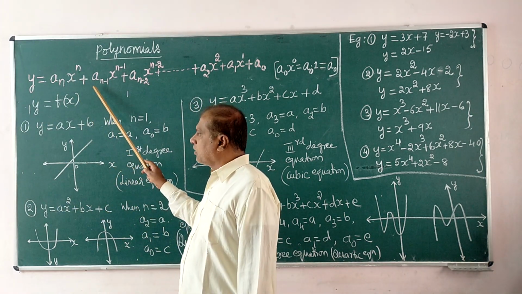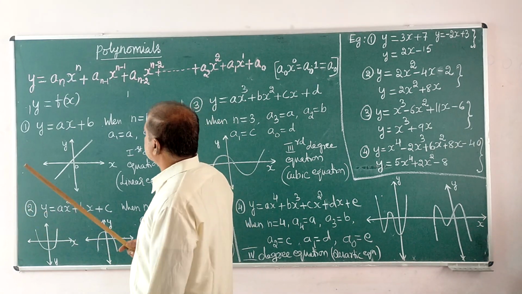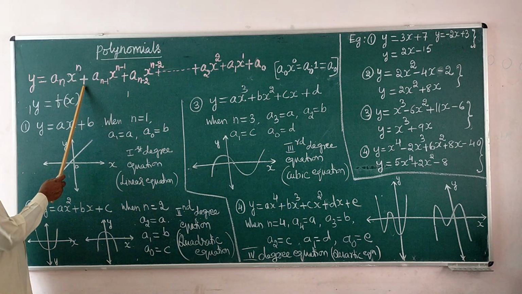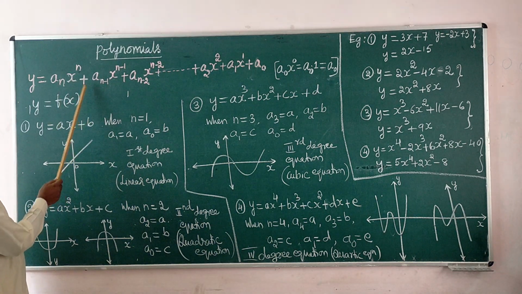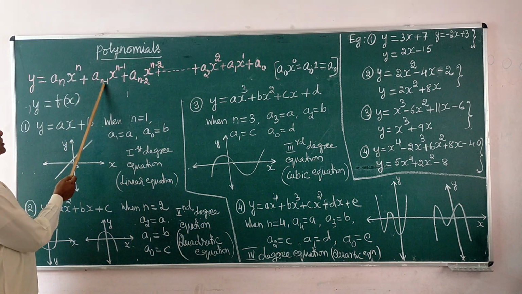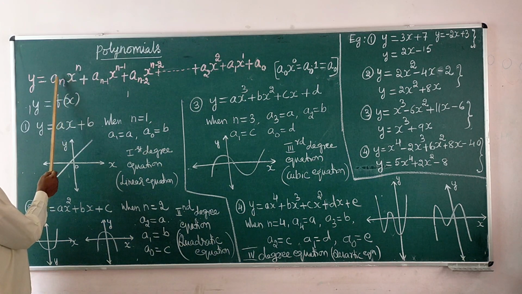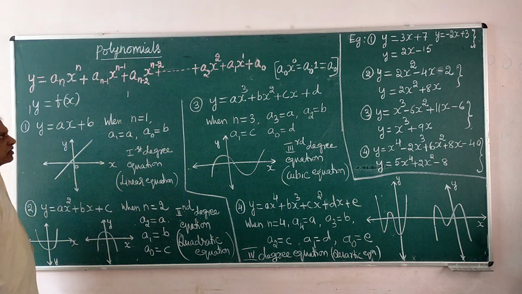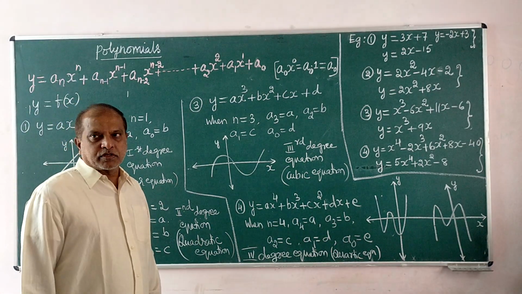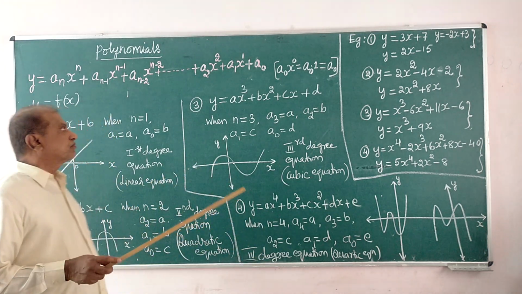This general formula performs under the mathematical operations: addition, subtraction and multiplication. You have plus, and then it may become plus or minus depending on the value. And there is multiplication. This algebraic expression performs under all these mathematical operations: addition, subtraction, multiplication.